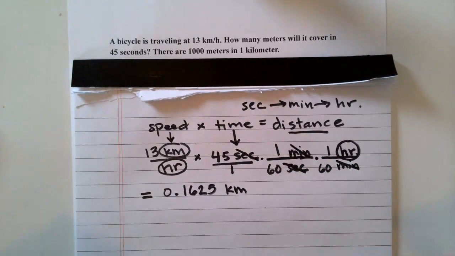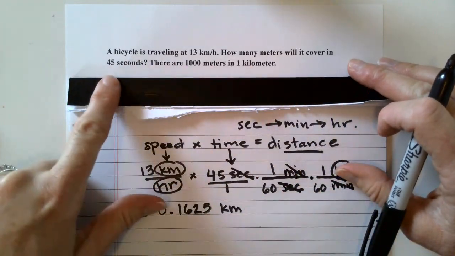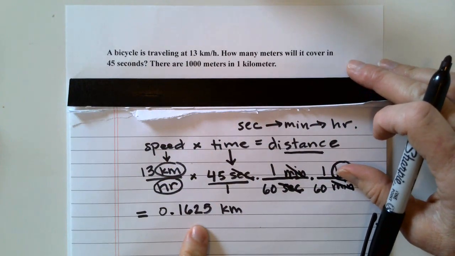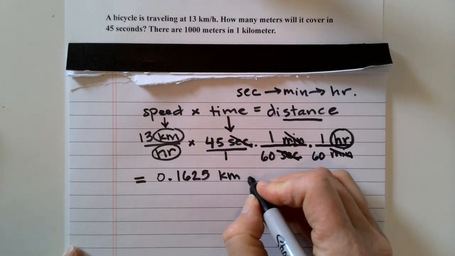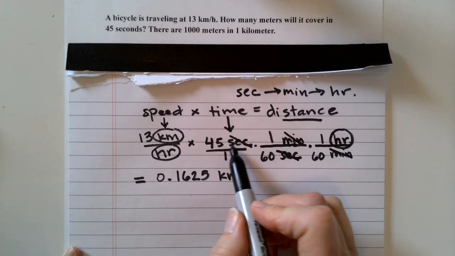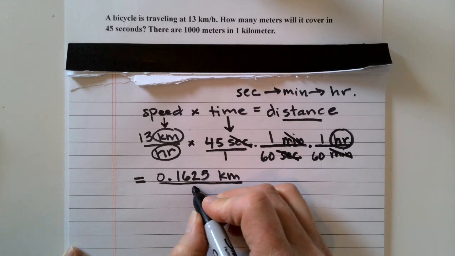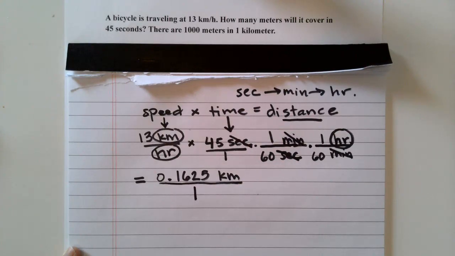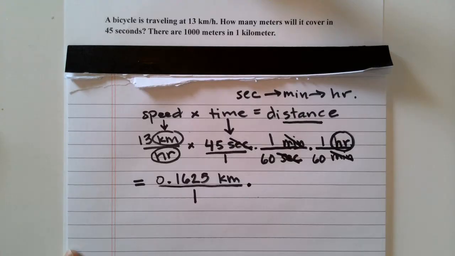Now, the question was, how many meters will it cover in 45 seconds? This is how many kilometers the bicycle will go, but I need to convert that to meters. So, like I did before when I multiplied it by time, if I want to convert something over to a different unit, I like to write it as a fraction. So over the number 1, and I want to make the kilometers go away and turn it into meters.